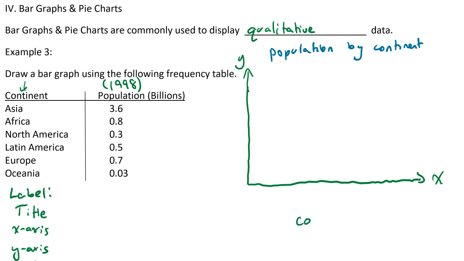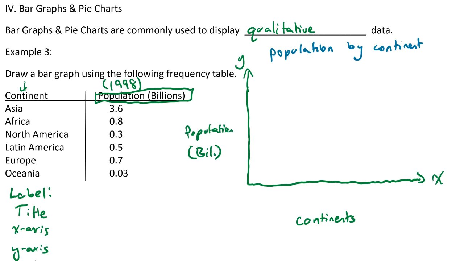So down here we're going to have continents. The y-axis is going to be our actual numbers about it. So in this case, it's going to be our population in billions.